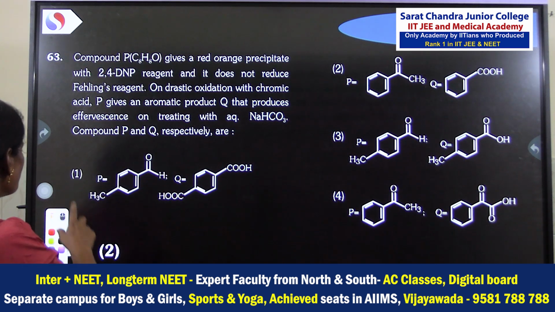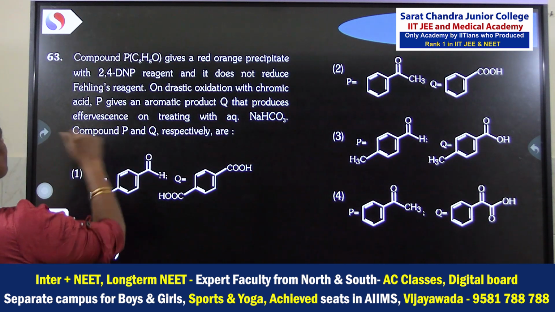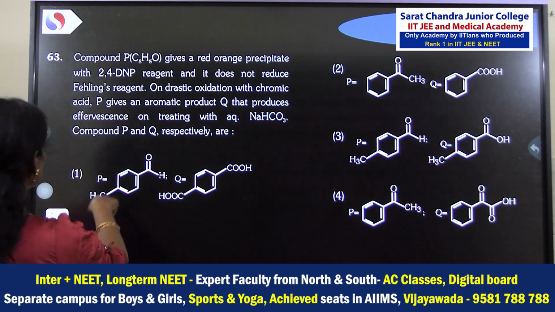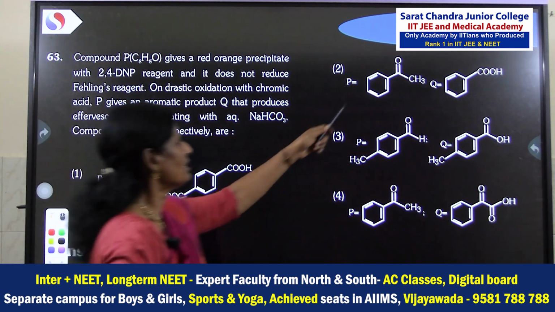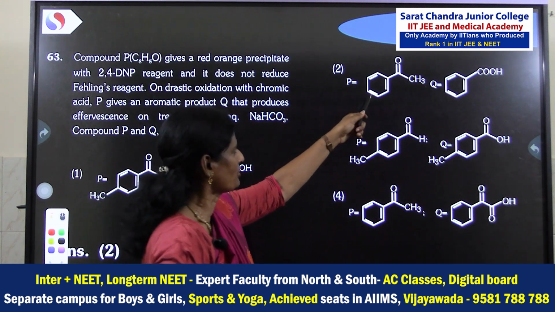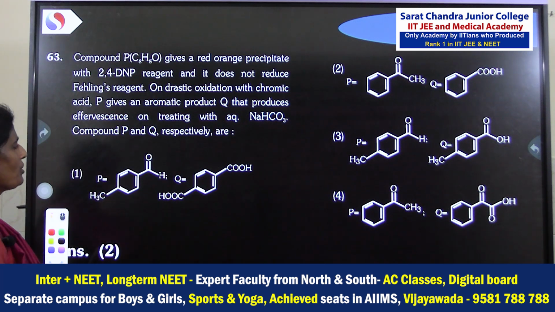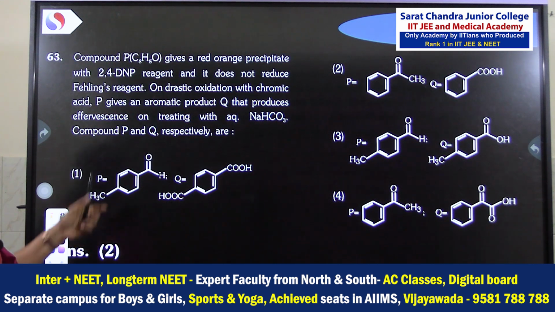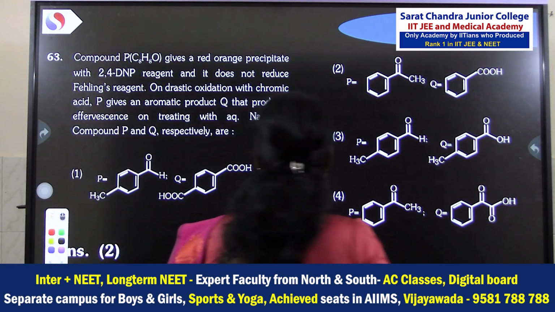So both option 1 and option 2 seem to be correct, because with 2,4-DNP, the aldehyde in the first option gives a negative test with Fehling's, as does the ketone, acetophenone. And compound Q in both options produces effervescence of carbon dioxide with sodium bicarbonate.